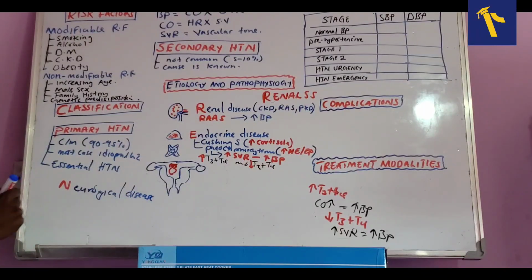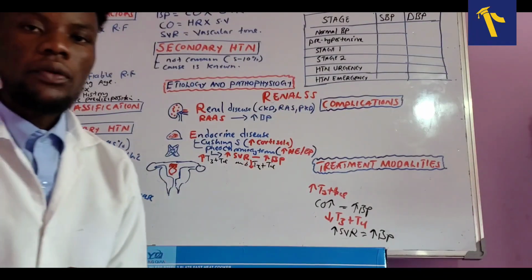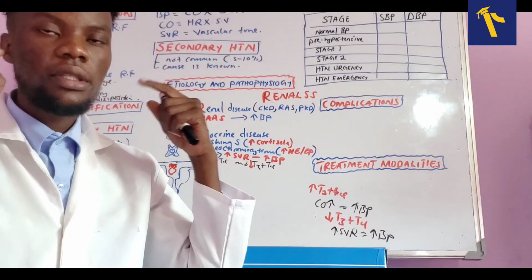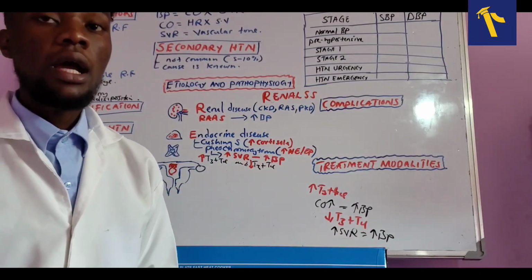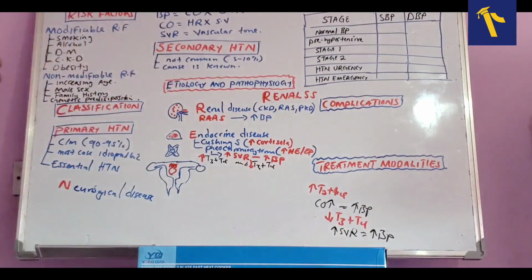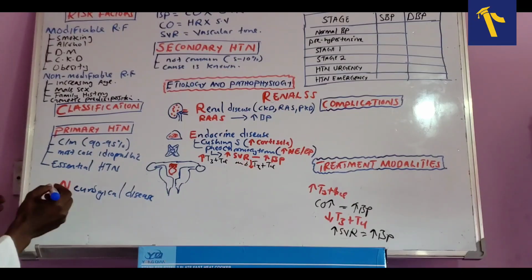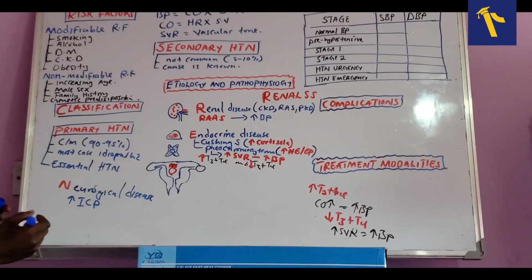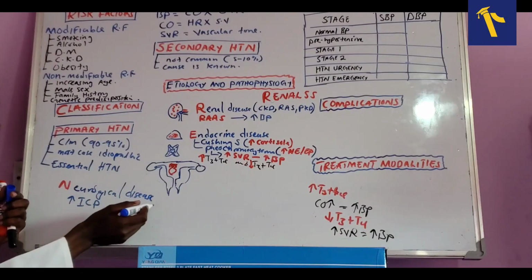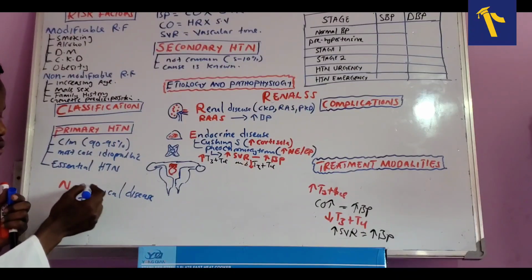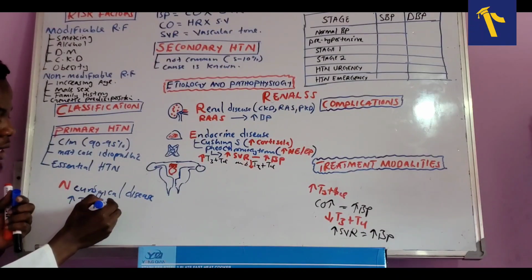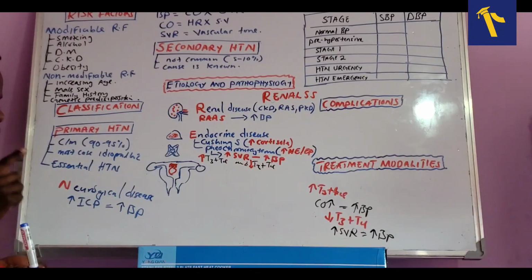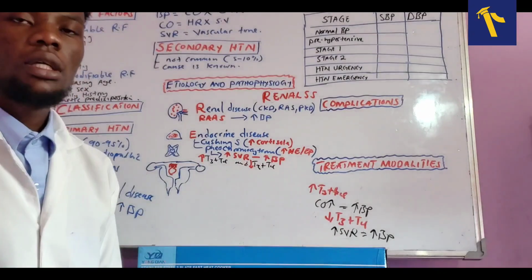Anything that is going to increase the intracranial pressure: any disorder affecting the brain and increasing the intracranial pressure results in increased blood pressure. So anything in any neurological disorder or disease that is affecting the brain that's going to increase the intracranial pressure, ICP, can result in an increase in blood pressure. Now, what are those neurological diseases that can increase intracranial pressure?